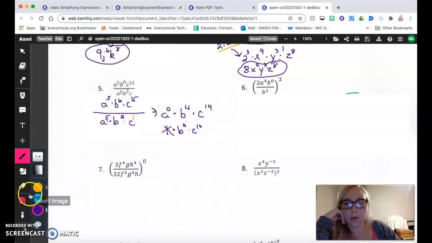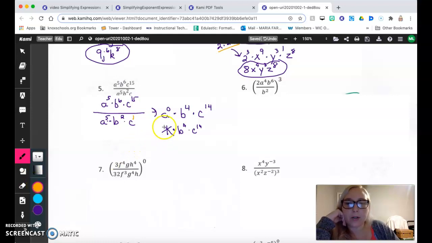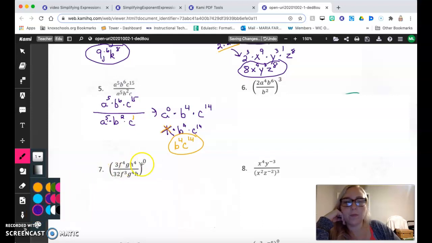That's always how the ones kind of work in algebra. You don't actually need to see the 1 there. It's understood that if there's no coefficient in front of our expression, there automatically is a 1 there. So all we would need to do is just squish these other two back together, and that becomes b to the 4th, c to the 14th power.